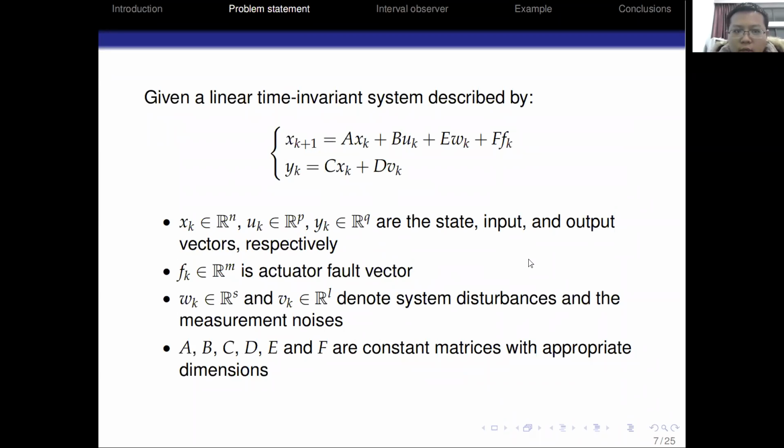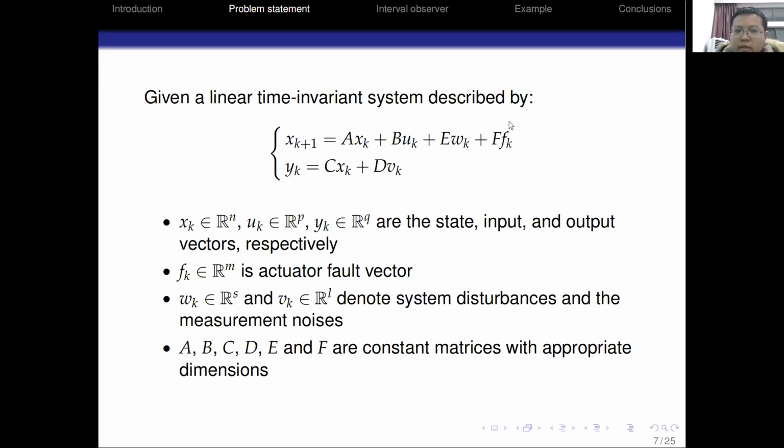Then we have problem statement one. Given a linear time invariant system described by these two equations, we define xk, uk and yk as the state, input and output vectors.